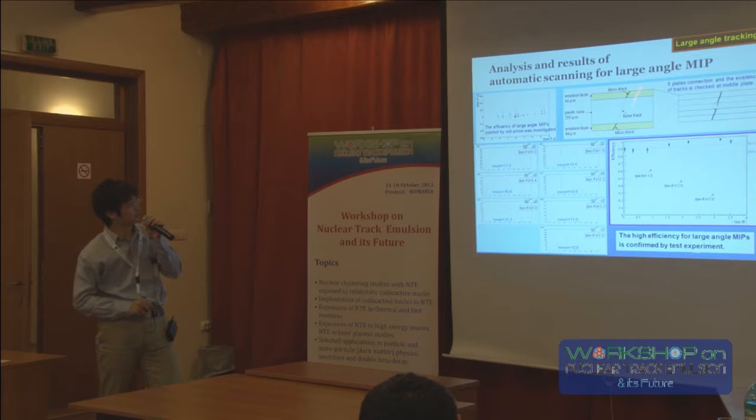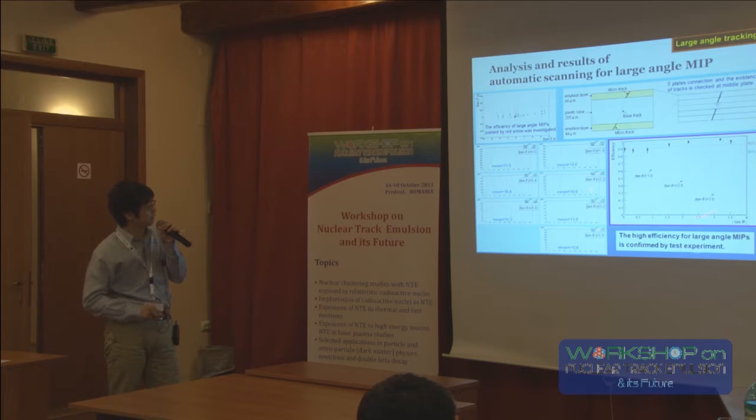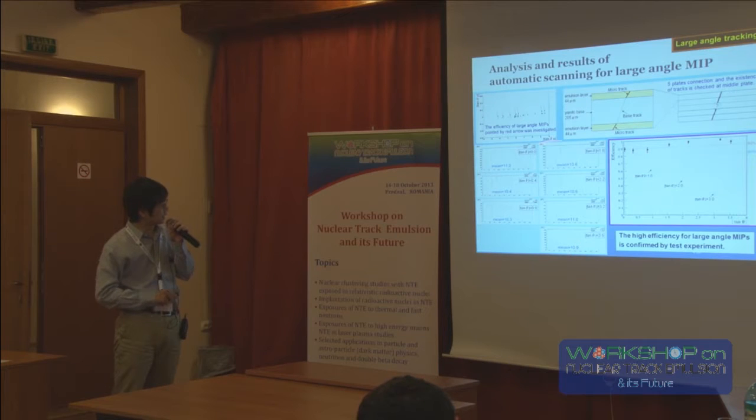This is the result of efficiency. The horizontal value is tangent theta. This line is tangent theta 1, the normal acceptance of the previous scanning system, and you can see the high efficiency for large angle MIP is confirmed by the test experiment. Also, this is a parasite distribution of each angle.